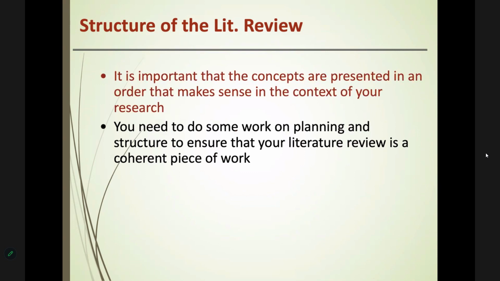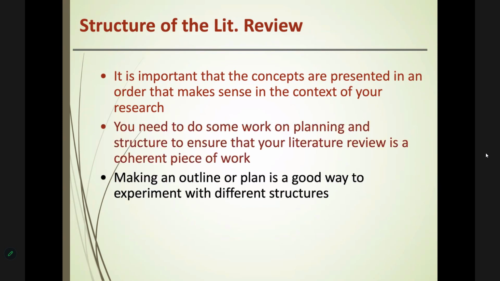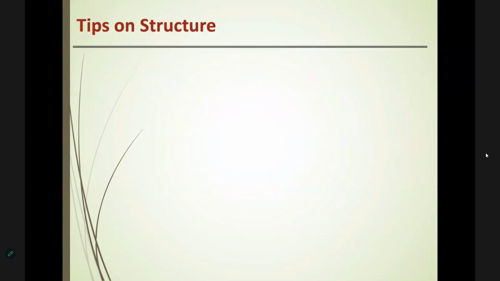How you can do it is through the structure. I already told you this. Before you write the literature review, when you do the structure, you can easily place your problem and the concepts within your context. So doing an outline plan is a good way. You can experiment with different structures. Those are minor points.